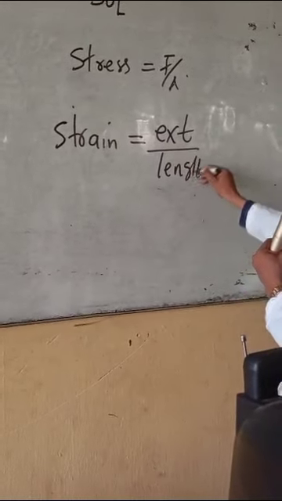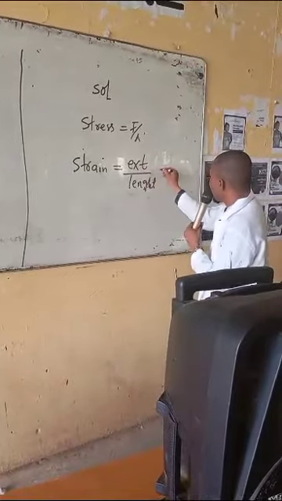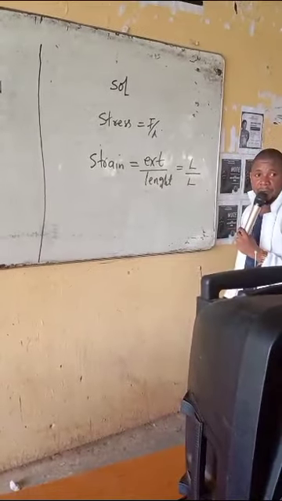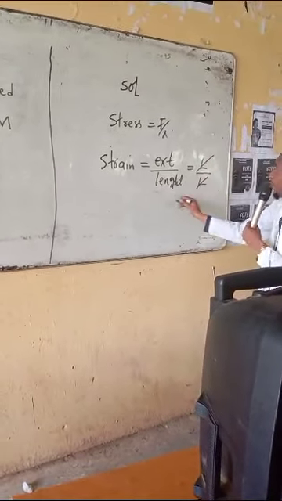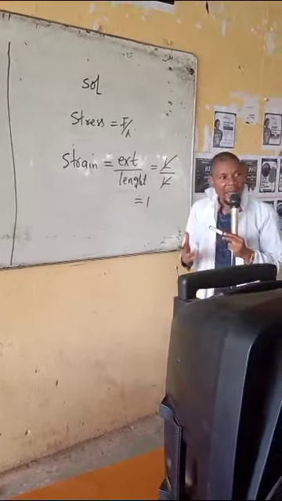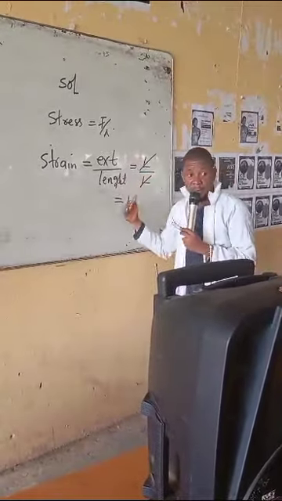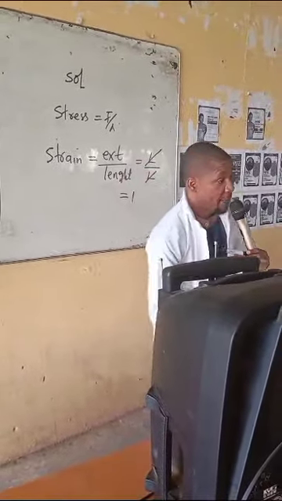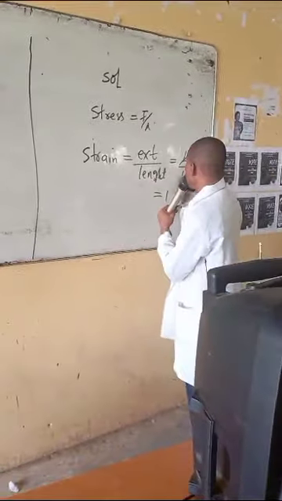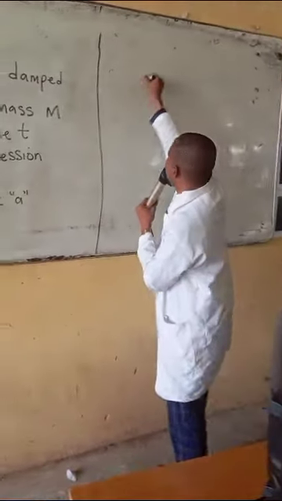What makes this dimensionless is that this one is equal to L and this one is also equal to L. So when you cancel out, you have it equal to 1. So whenever a physical quantity in physics is said to be dimensionless, we can make it equal to 1.